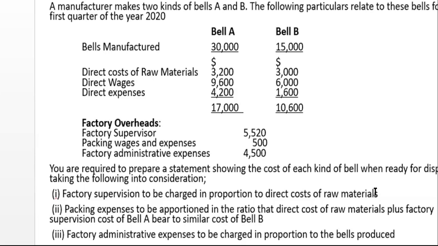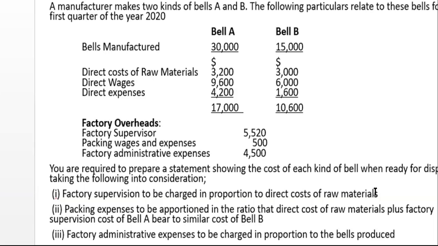You take the direct cost of raw material for each bale, over the total direct cost of raw material for both bales. For example, for bale A, the ratio will be 3,200 over 3,200 plus 3,000.